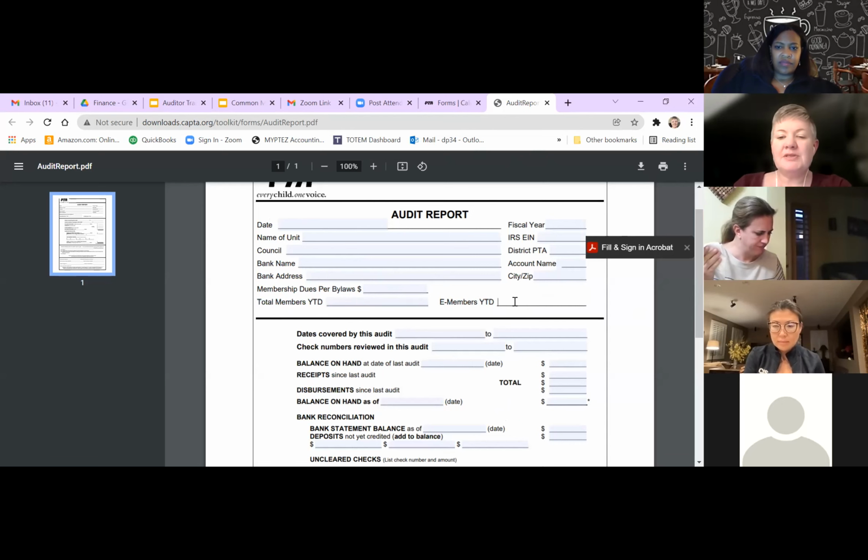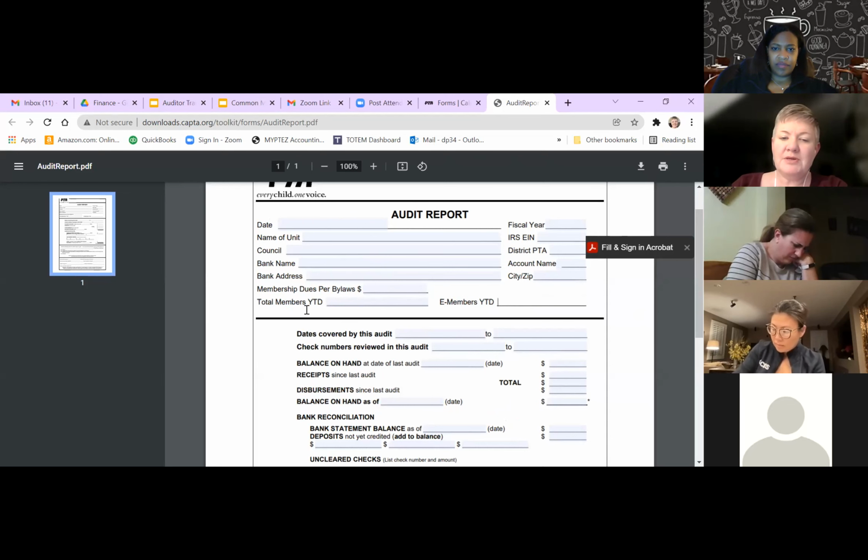The e-membership is our totem. So any totem up till December 31st is going to be part of e-membership. Total memberships yield to date includes your manual memberships, your paper and check. So you take the e-membership plus your traditional, is the way I read that, and get your total membership for those 6 months.